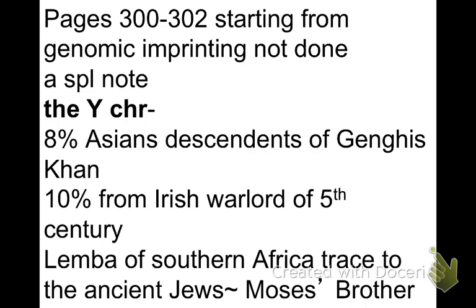A special note about Y chromosomes. Remember some time back in the initial slides I was talking about the Y chromosome being passed down generations unchanged. It is said that 8% of Asians are descendants of Genghis Khan, and 10% of the Irish population have the chromosome from an Irish warlord of the 5th century.